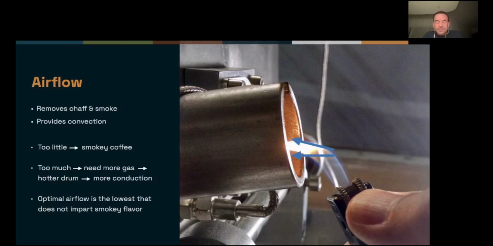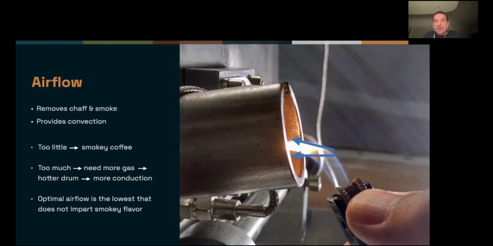So when the airflow is higher, you would assume that you're getting more convection, but in a typical classic drum roaster like a Probat, Giesen, Diedrich, etc., when you have higher airflow, what's happening is, yes, the air is moving through the roasting chamber faster, but the air is cooler. So the gas valve is at a certain setting, let's say 80%.